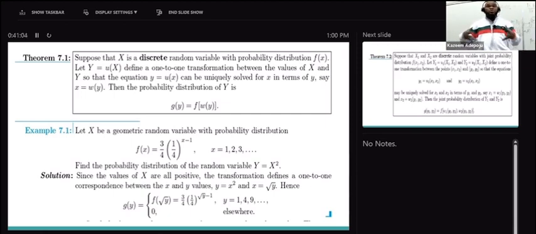Okay, now suppose that X. If we're doing this, we can do it for both discrete and continuous. Does that make sense? Now suppose that X is a discrete random variable with a probability distribution of f of x. We now have a new variable Y, but that variable Y is a function of X. That's how you see y equal to u of x.